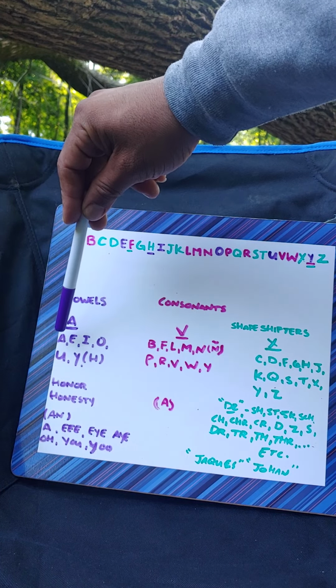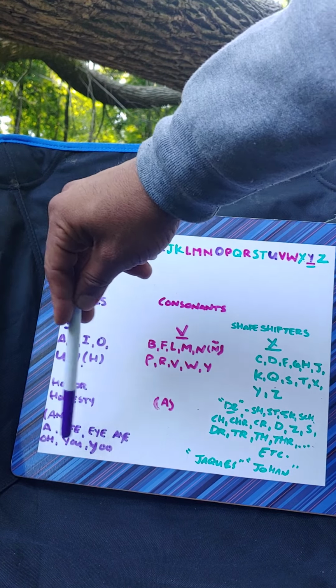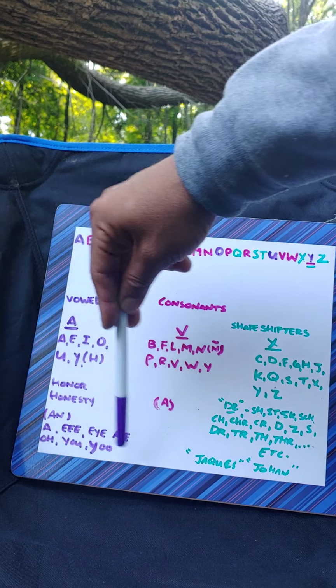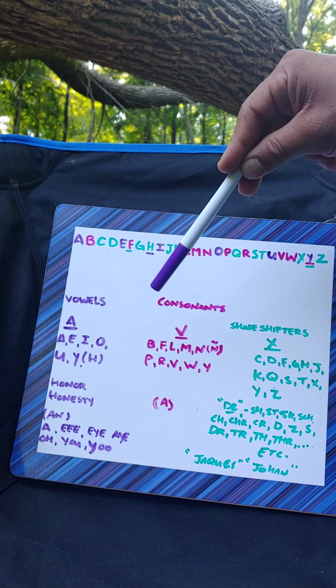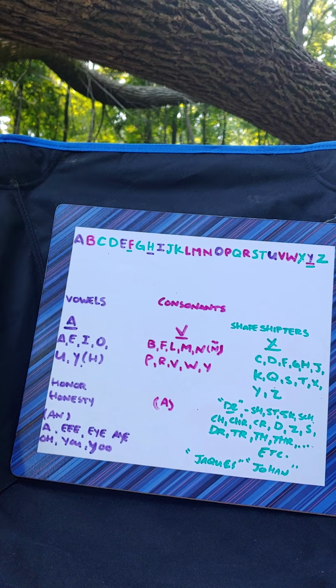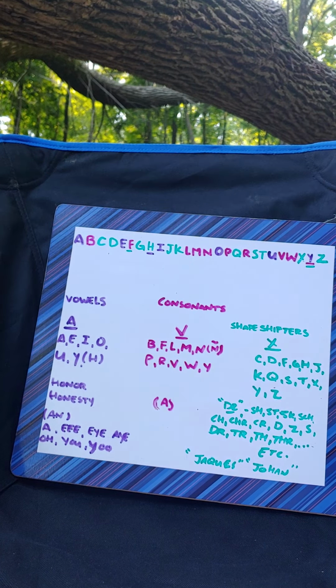Or when you're spelling a vowel, like E, I, right? They only use vowels to be spelled, whereas consonants need a vowel in order to make a word. So that's the difference between the vowels and the consonants, and why I chose A to head that.